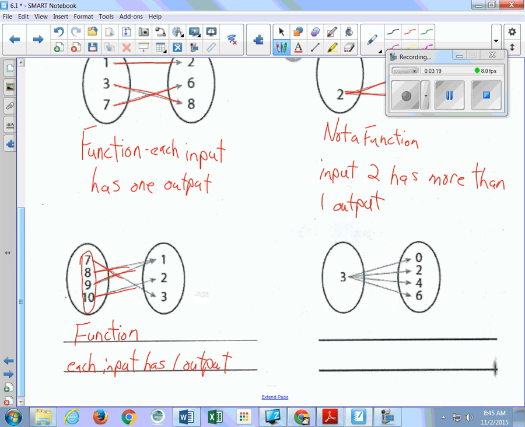All right, let's look at this one. We have one number, and it has 1, 2, 3, 4 outputs. So it has more than one output, so this is not a function.